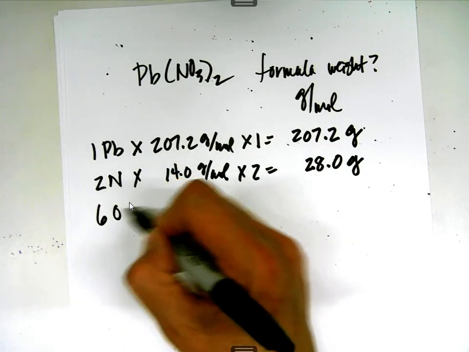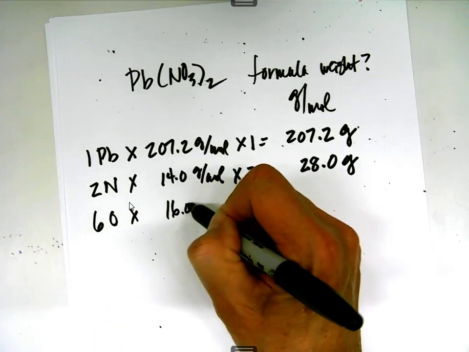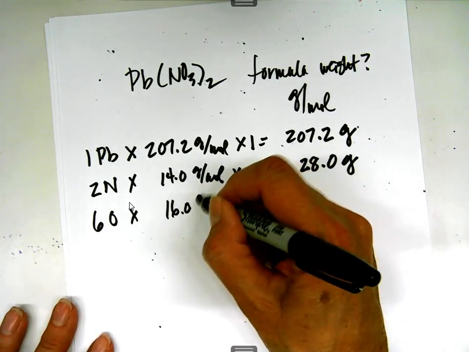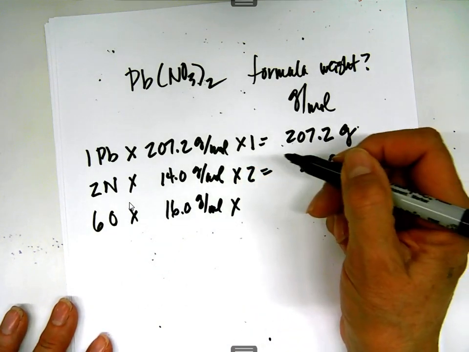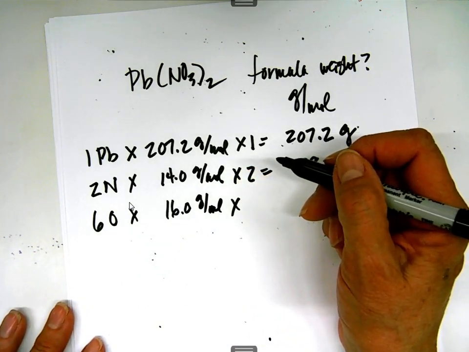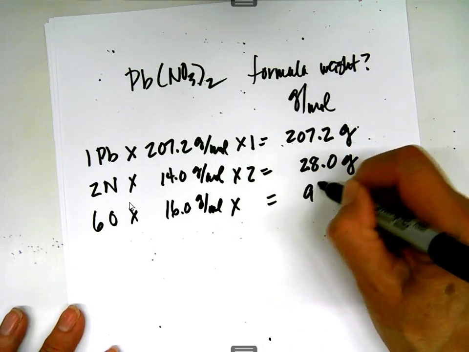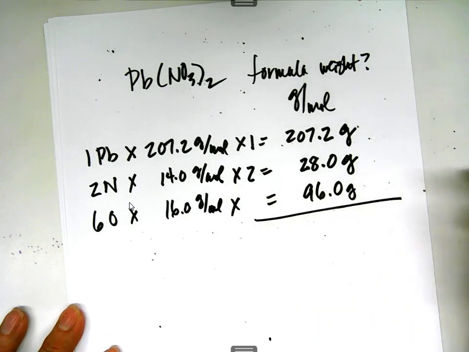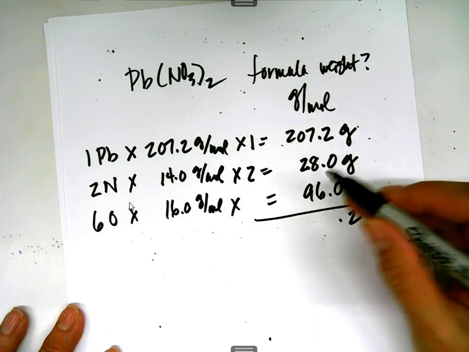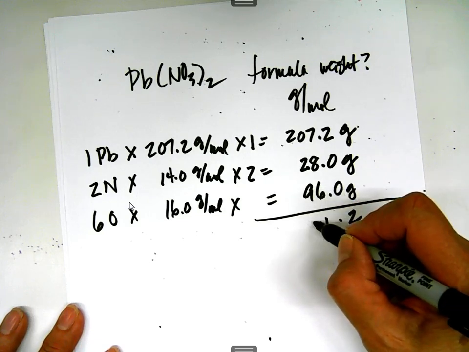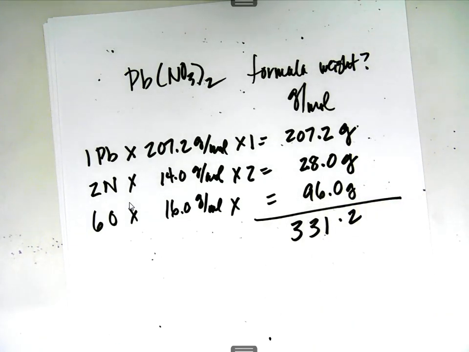I generally tend to round these to the nearest tenth. Oxygen is about 16.0 grams per mole. Let's see. 32, 64, 95, 96. Add all this up. So 331.2. Did I do my math right?